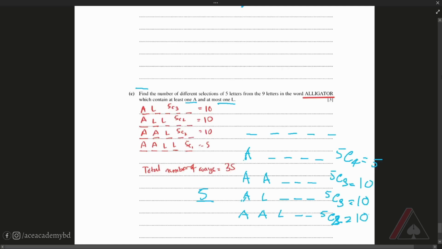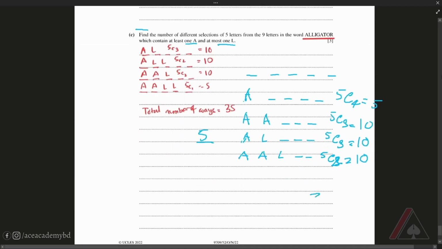And this would give us a 10. So adding up the possibilities, we get 35 possible ways where there is at most one L and at least one A.